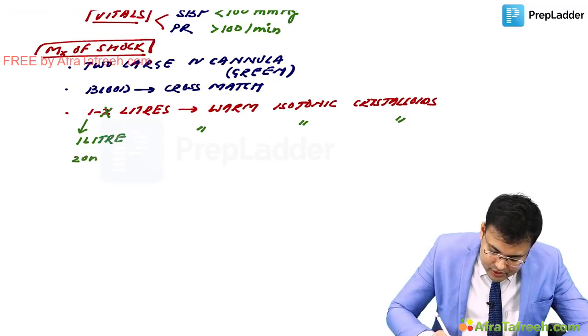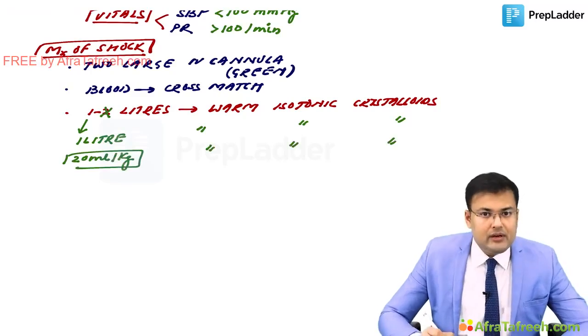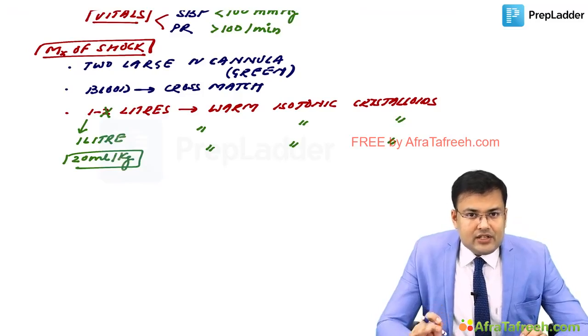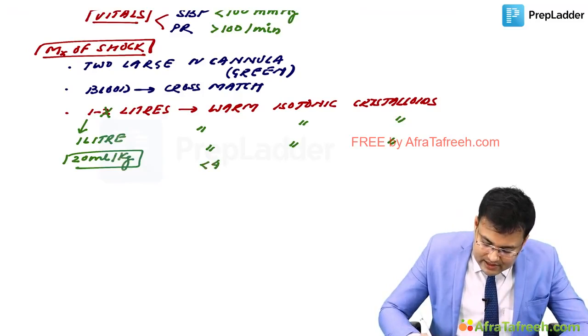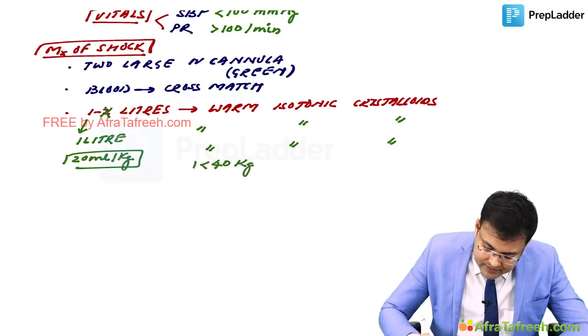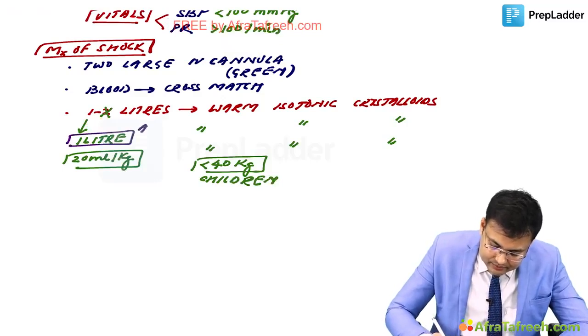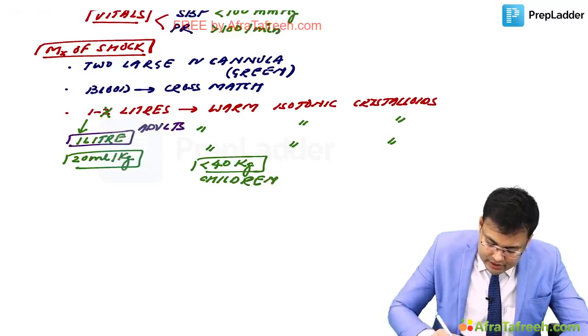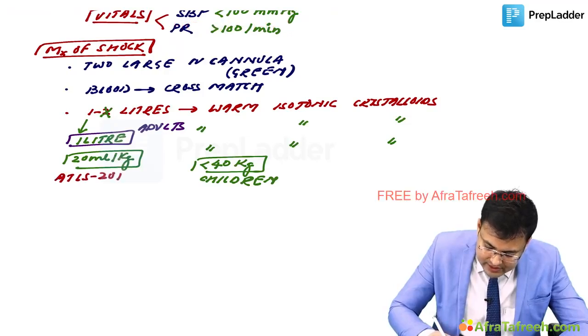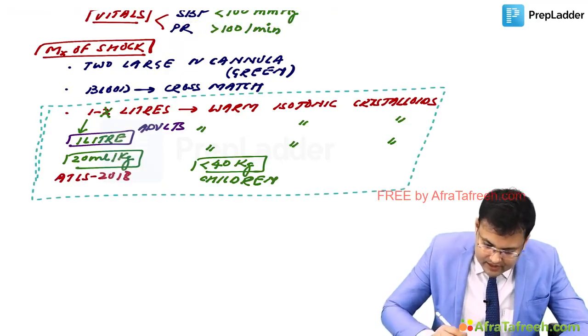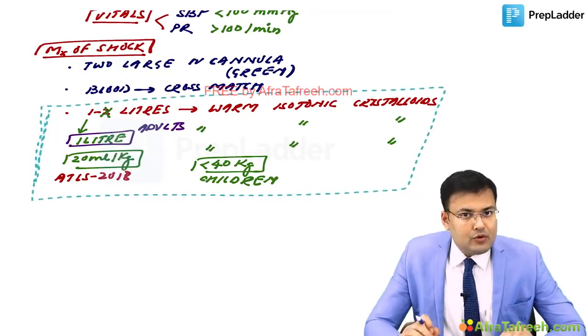In children we give 20 ml per kg of warm isotonic crystalloid. So as a bolus in adults, nowadays we give 1 liter fluid, and in children whose body weight is less than 40 kg. And this is according to ATLS 2018 update. This question was asked in AIIMS. Clear?